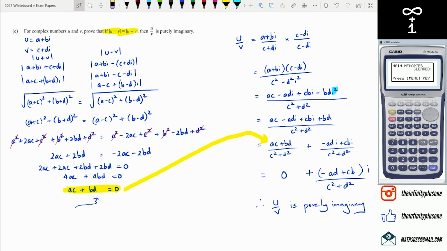Grades wise, we are looking at obviously final proof, which is excellence. Correctly simplified expression for u plus v and u minus v gets you a merit, which is somewhere here.